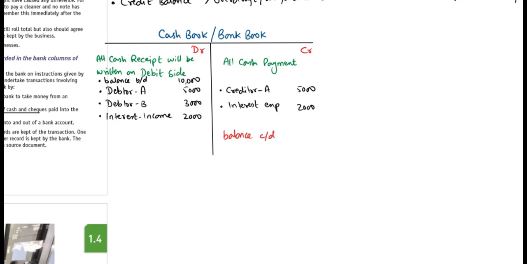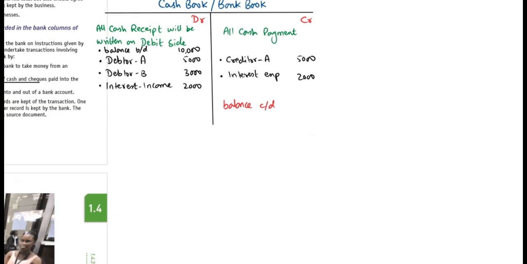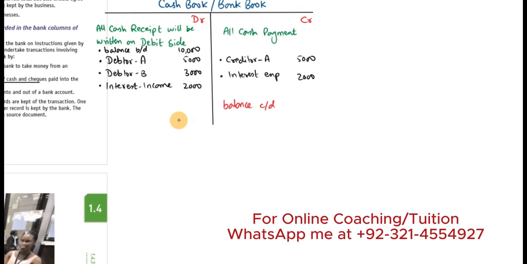If we add up all the debit side, what will the total be? Can you count for me? Yes, 20,000. Well done. And if we subtract 7,000 from 20,000, what balance will we have?